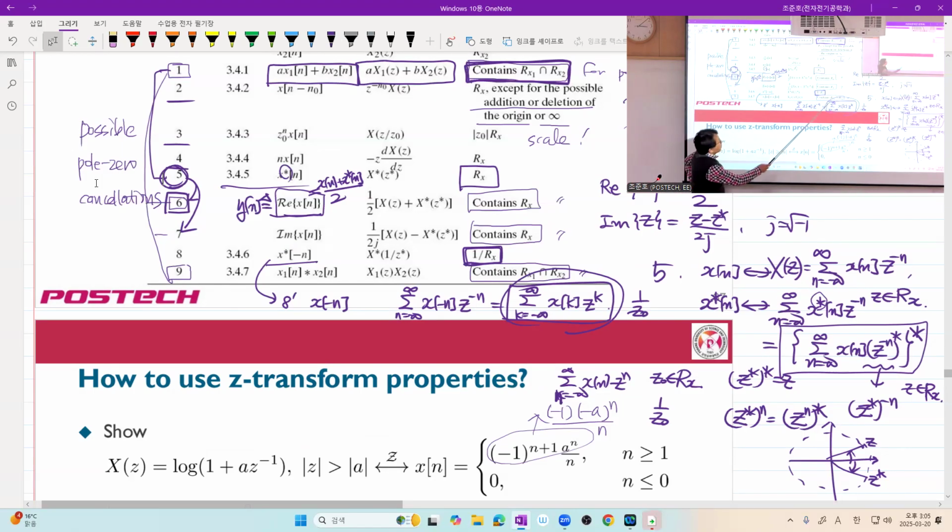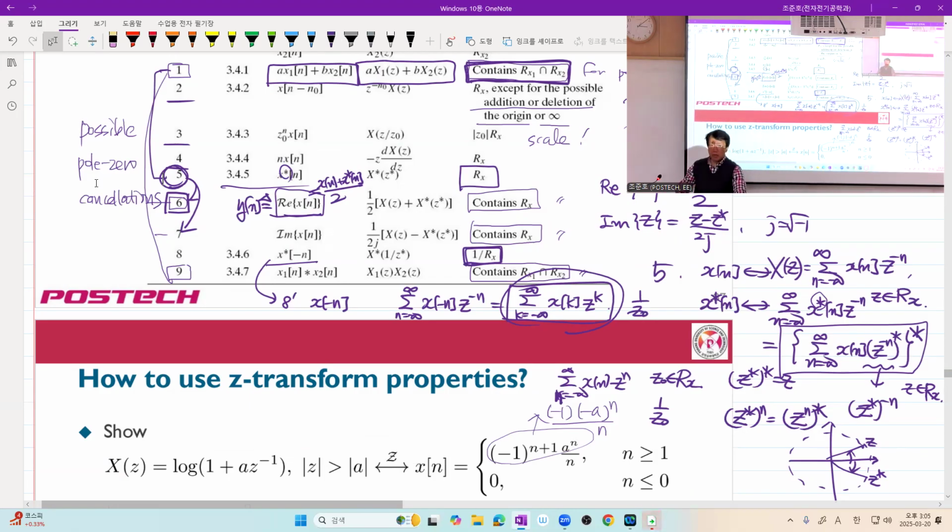When you find R sub x1, some of the complex numbers may not allow the infinite sum to converge. When you find R sub x2, some of the complex numbers didn't allow convergence of this form.